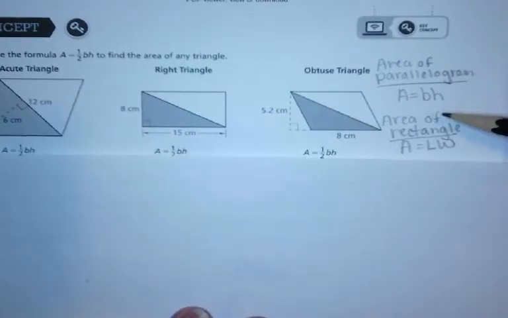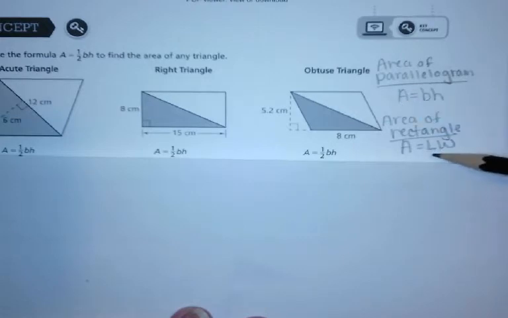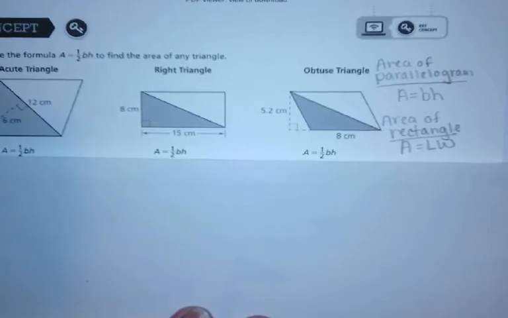And remember that the B in this formula for base and the L for length in the area of a rectangle are interchangeable, and so are the H and the W, depending on which figure you're talking about. So the area of a triangle formed by those diagonal lines will be half the area of a parallelogram, rhombus, or rectangle.